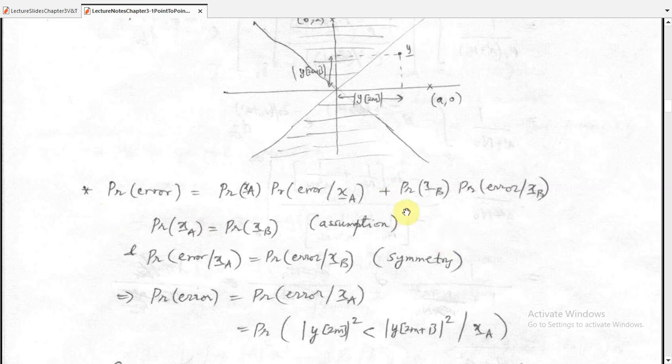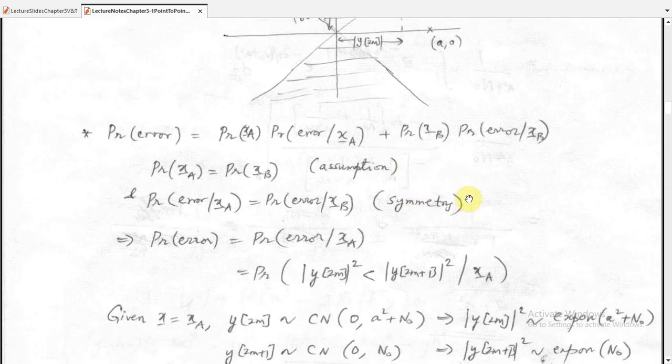Now in the next phase we will calculate the probability of error. The probability of error for a given h is equal to the probability of XA multiplied by the probability of error given XA, plus the probability of XB multiplied with the probability of error given XB. As we assumed before, we are using a maximum likelihood detector and binary phase shift keying. We only have two possibilities.